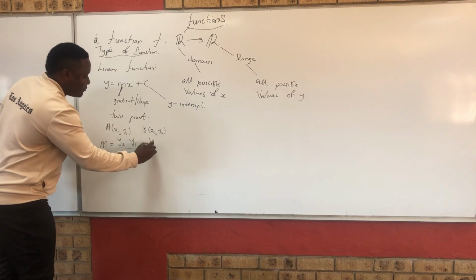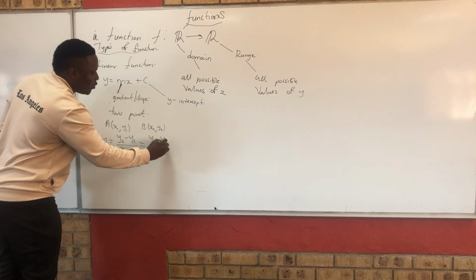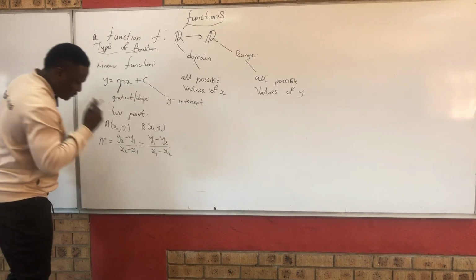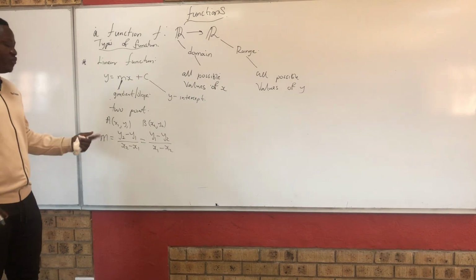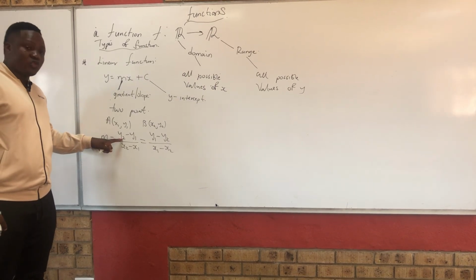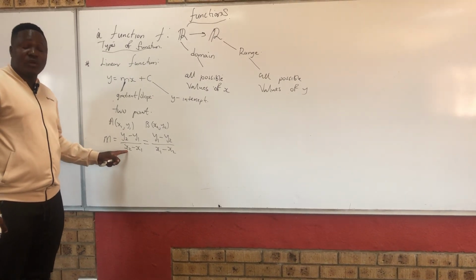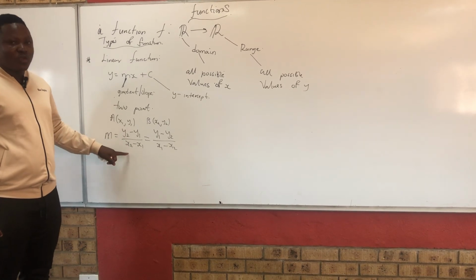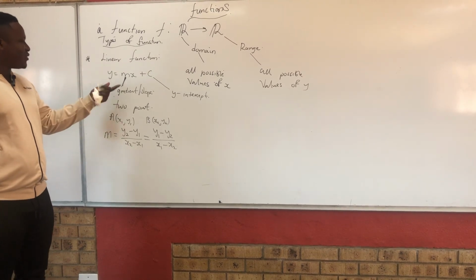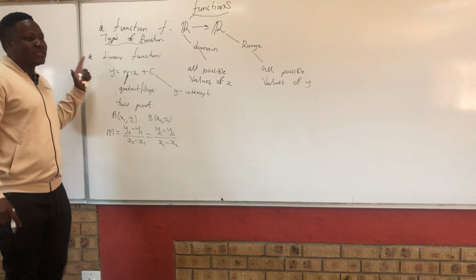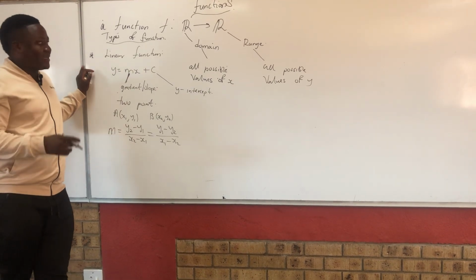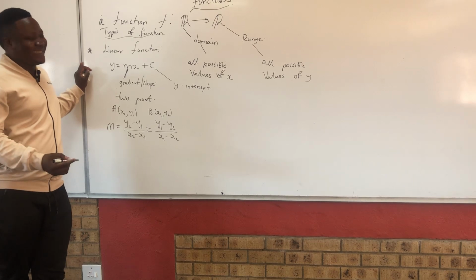Or it can be y1 minus y2 over x1 minus x2. What you need to know is that if you start with y2 on top, you must also start with x2 underneath.